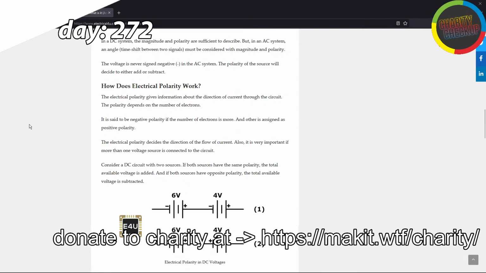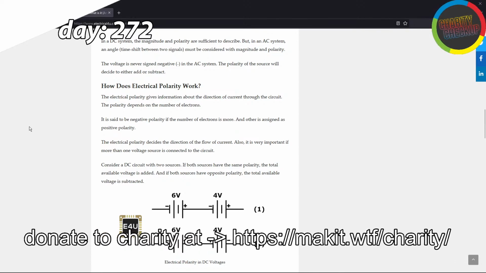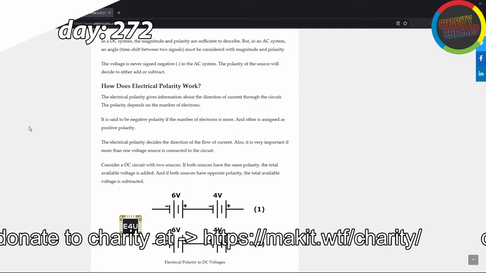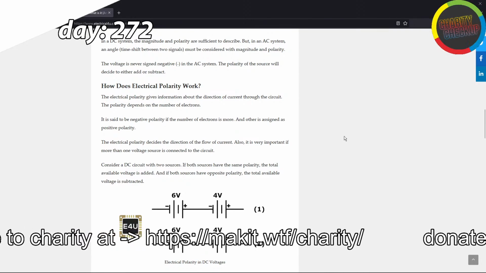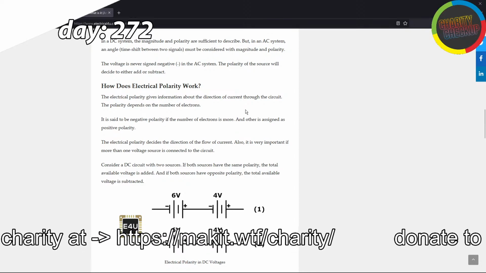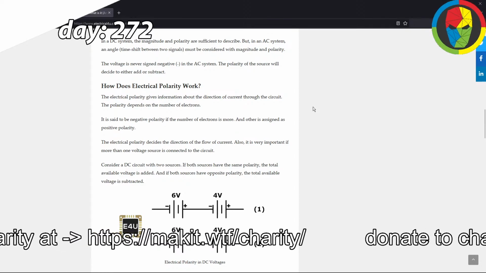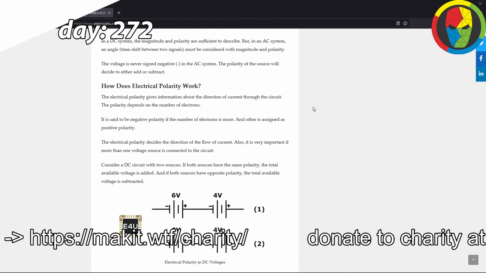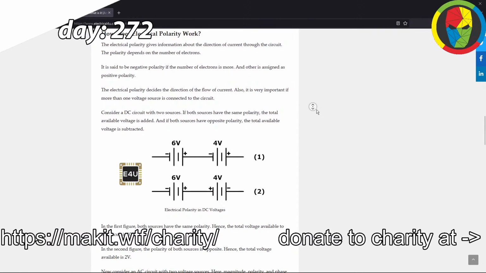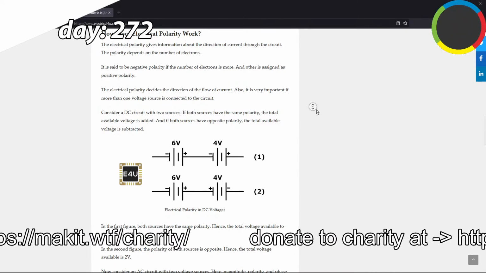Less in relation to what? If the number of electrons is more, in relationship to what? Electrical polarity gives direction in the circuit. Polarity depends on the number of electrons. Electrical polarity decides the direction of the flow of the current if more than one voltage source is connected to the circuit.